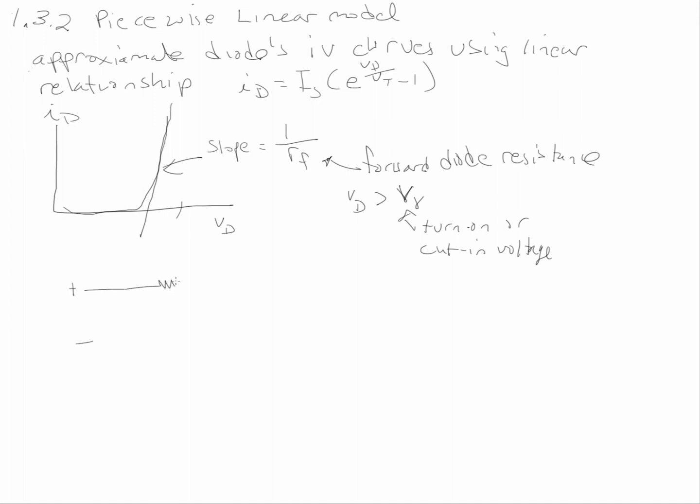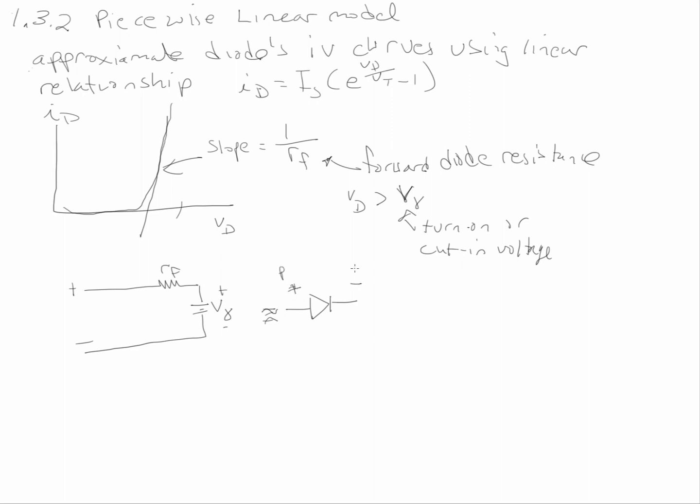We have our resistor that we're using, and then we'll put in a little power supply here, and we'll call this V gamma for our turn-on voltage. That's our model for this; it's approximately equal to the diode over here.